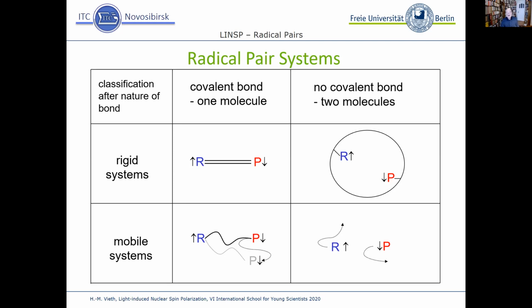So, as I told you, we had the system with a radical pair, where after the light irradiation, one of the hydrogens of the anthracene is transferred to the phenazine.